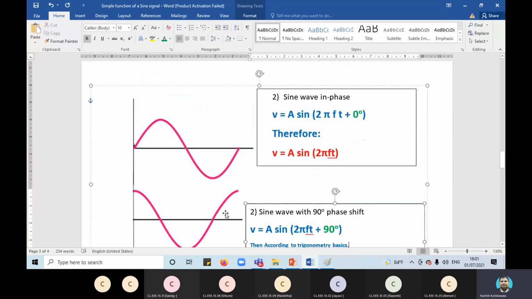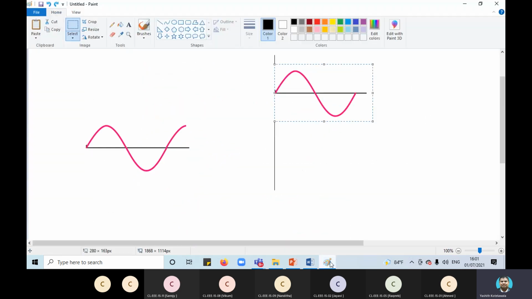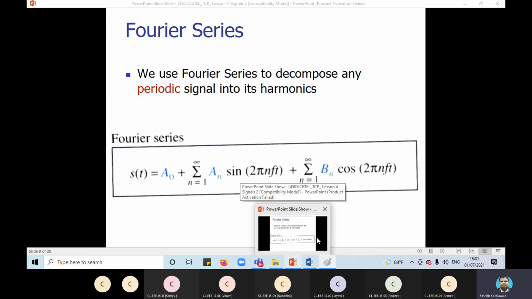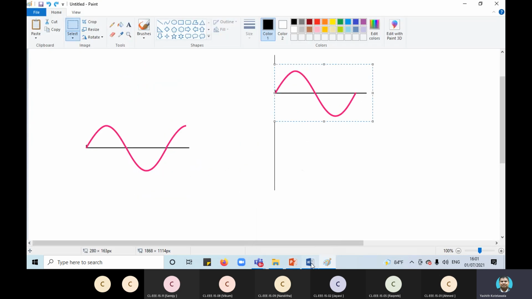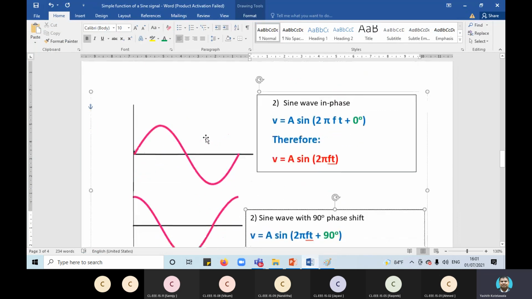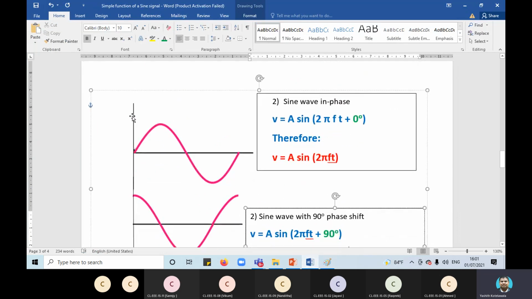Now students, what happens if the direct current component is there? The wave gets superimposed on that direct current, right? How to show that? You were learning analog electronics, transistors.